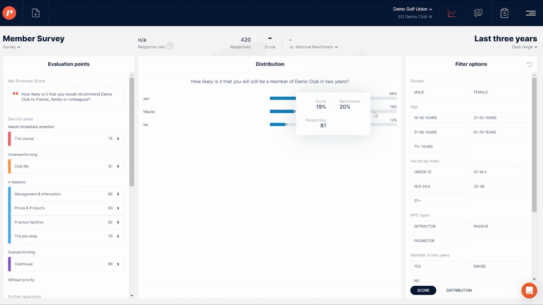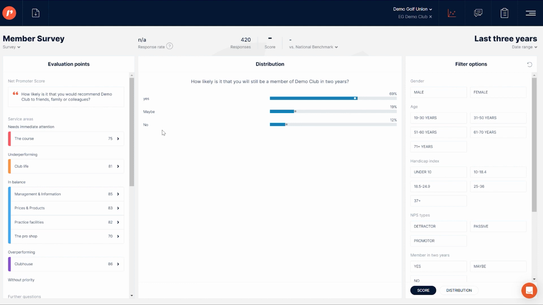We have 19% on maybe, and we have 12% on no. The way this question works is that respondents get asked on a scale how likely they are to still remain a member in 2 years. If they answer 6 or below, they get classified as a no, 7 and 8 is a maybe, and 9 and 10 is a yes.